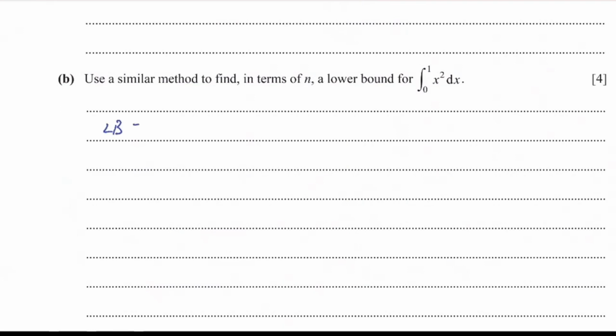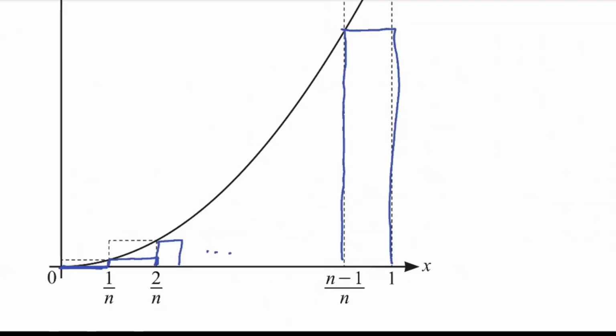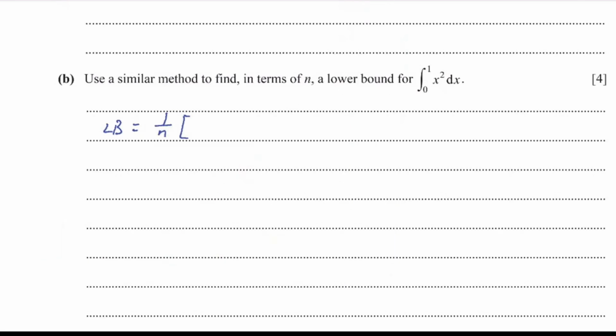So our lower bound is given by 1 over n, which is the width of the rectangle, multiplied by, the same thing, we sum in all the values of x to get all the heights there. So the first height is actually starting at x equals 0. That gives us the first height there. Next one is 1 over n and so on.